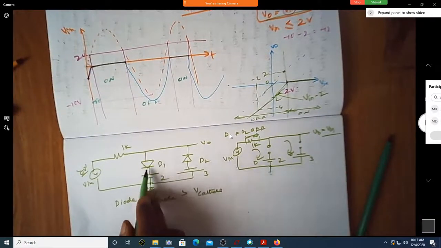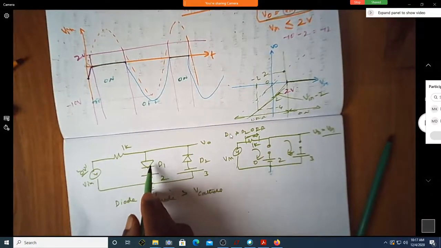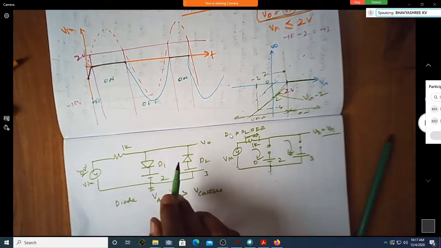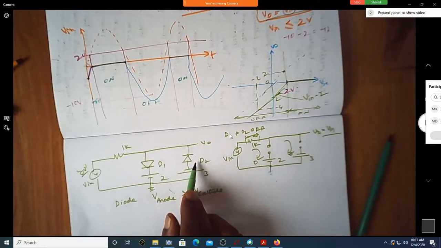What is the voltage at the cathode here? 2 volts. If the voltage at the anode exceeds 2 volts, can D1 turn on? Yes, sir.